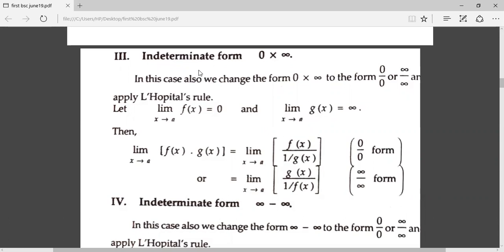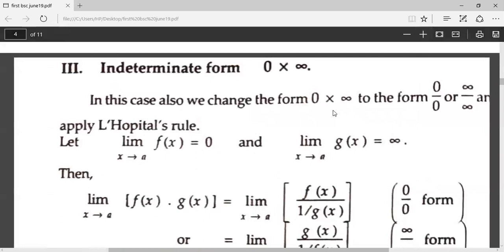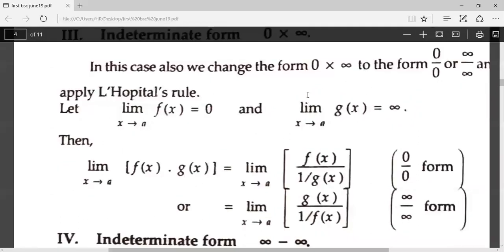In this case also, we will convert it either into 0 by 0 form or infinity by infinity form, and then we apply L'Hospital rule.